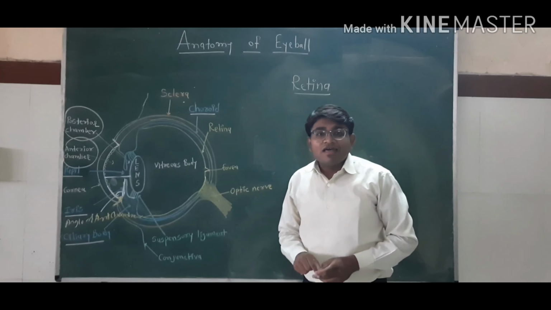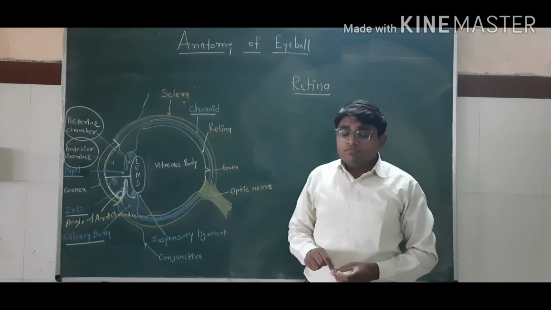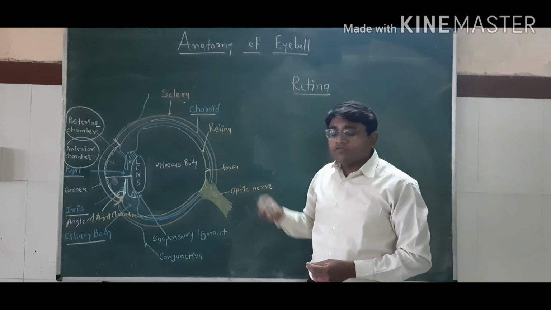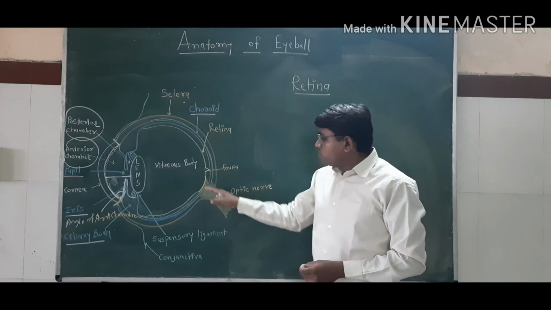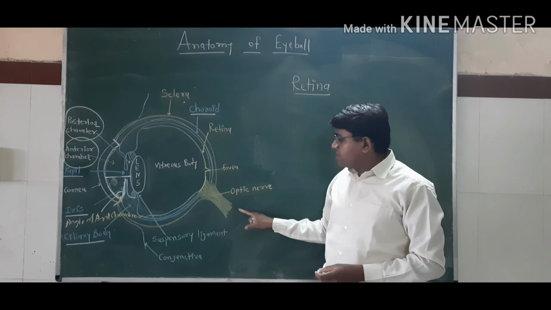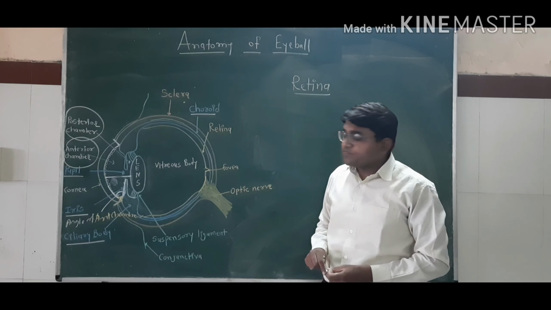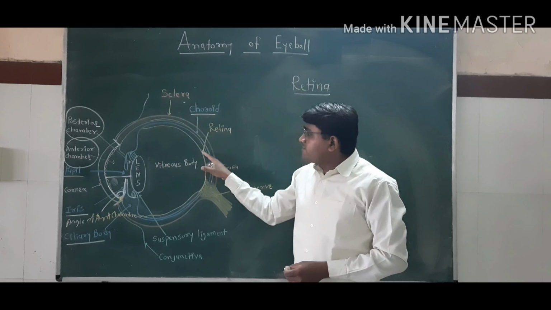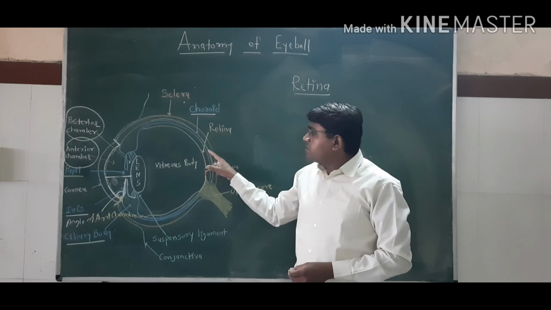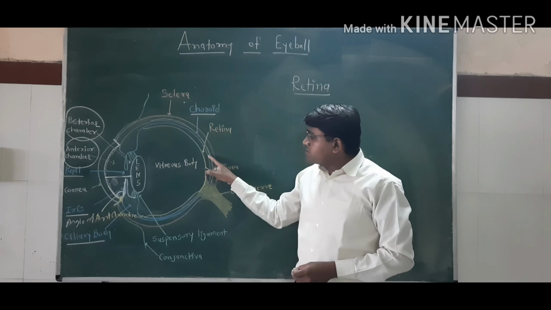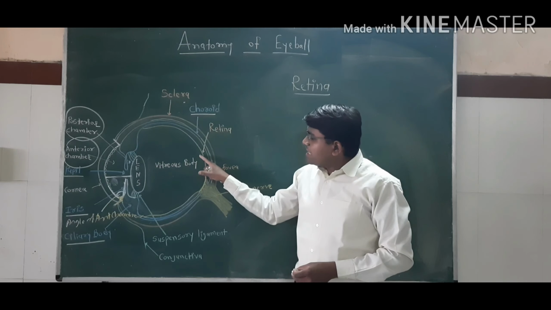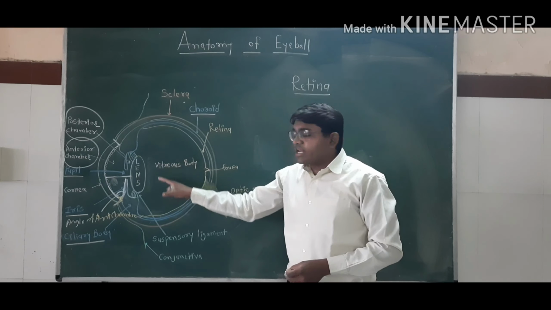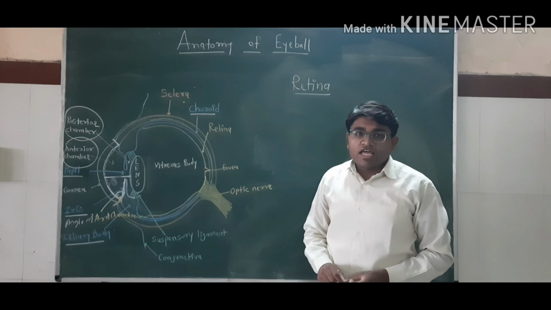So, the retina, it is a thin, delicate internal layer of the eyeball. On the posterior side, it is continuous with the optic nerve. On its outer surface, it is firmly adhered with the choroid, whereas in its inner surface, it is in contact with the vitreous body or the vitreous humor.